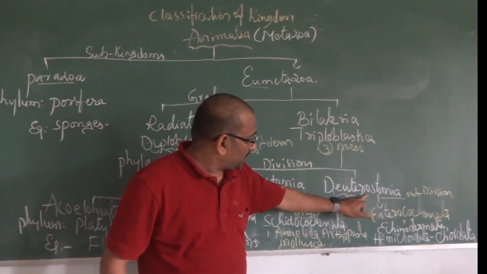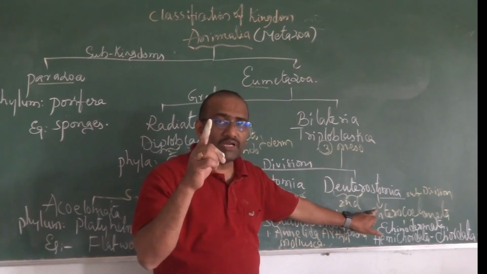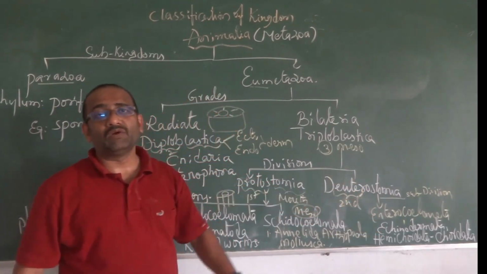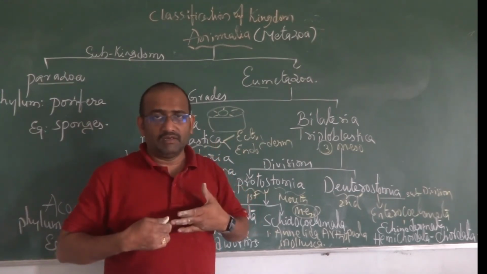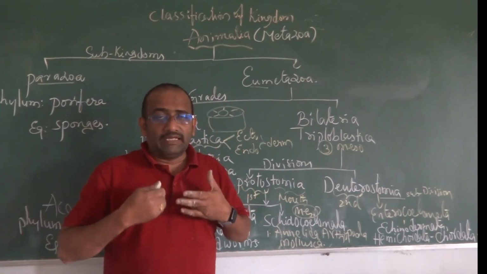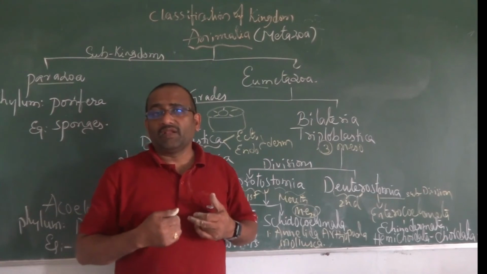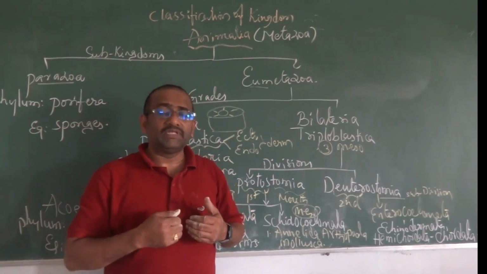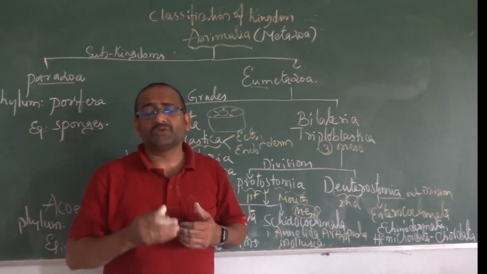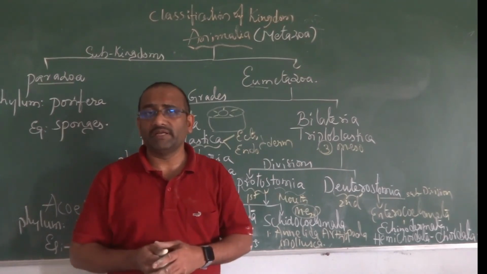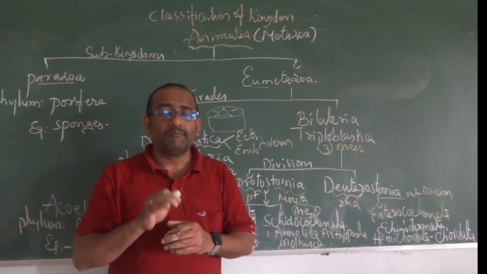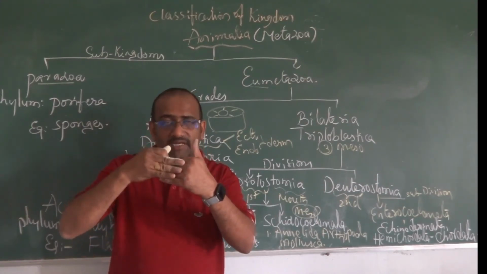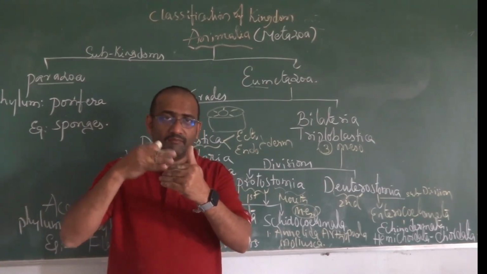In the Deuterostomia division, there is only one subdivision, that is Enterocoelomata. Enteron means gut. The gut is also known as enteron, so enteron means endoderm. The body cavity is created by the mesoderm, but with attachment to the gut.